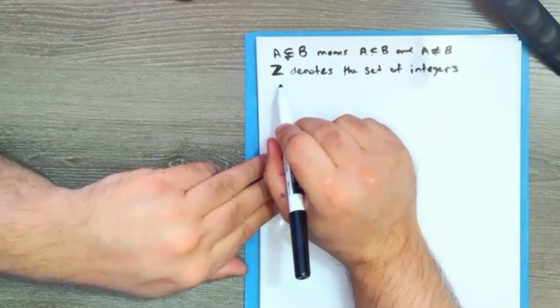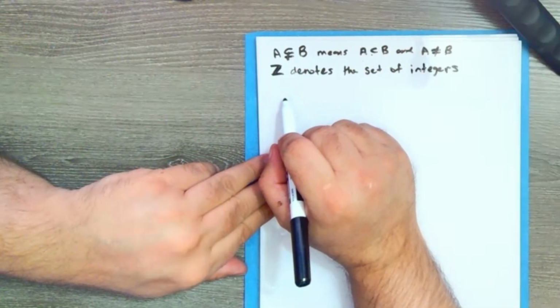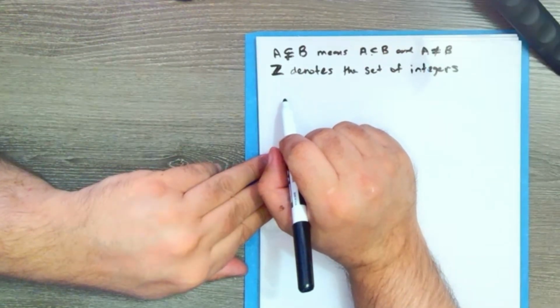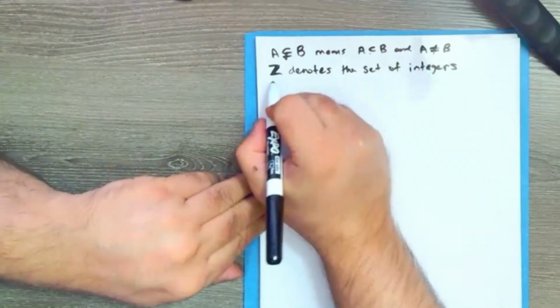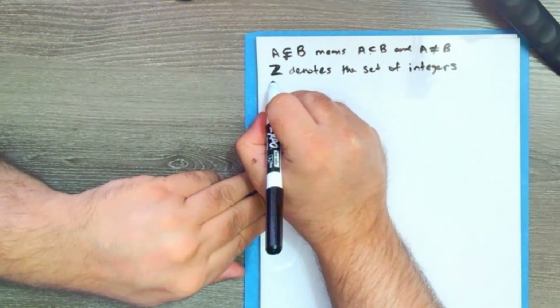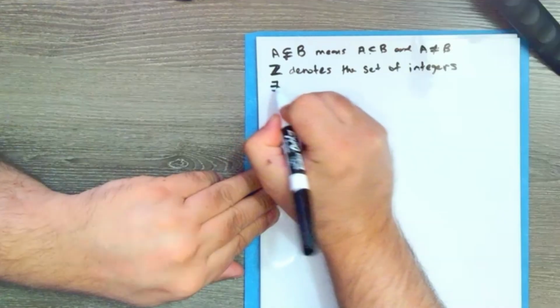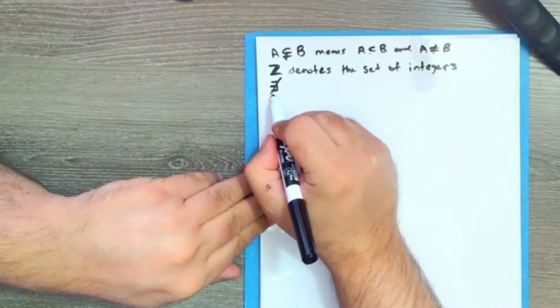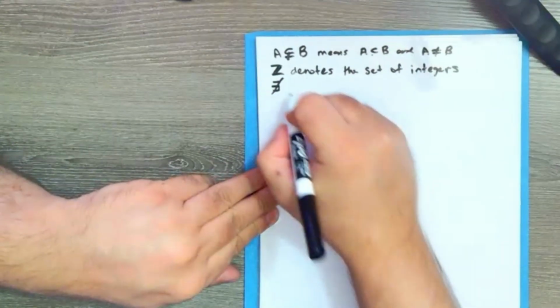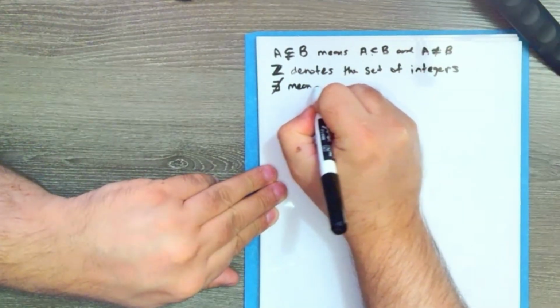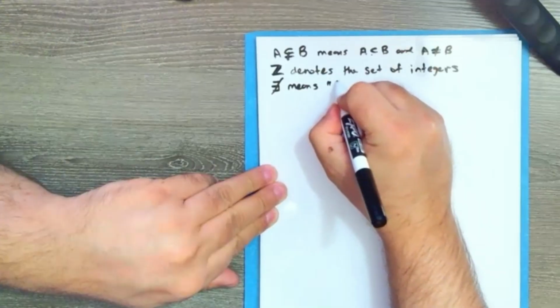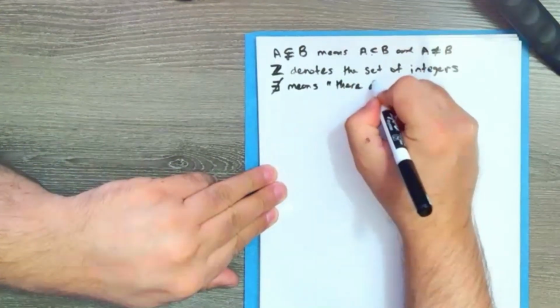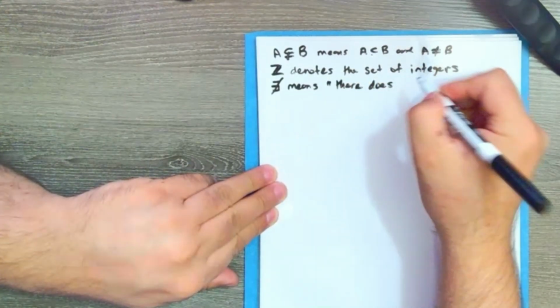The letter Z is for the German word Zahlen, which means numbers. Another useful notation is the existential quantifier with a bar through it, and this means that there does not exist.